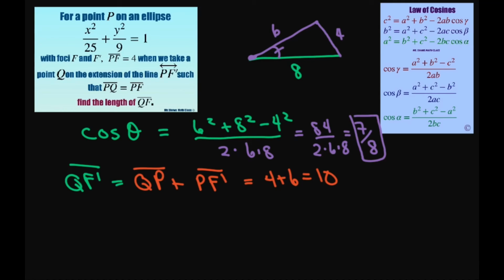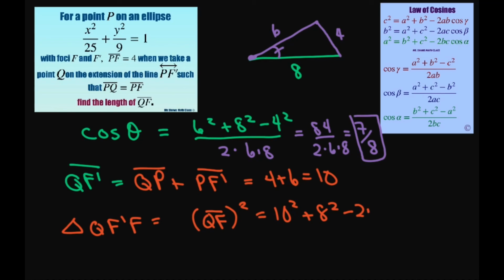Therefore, in triangle QF prime F, QF squared equals 10 squared plus 8 squared minus 2 times 10 times 8 times cosine of theta.